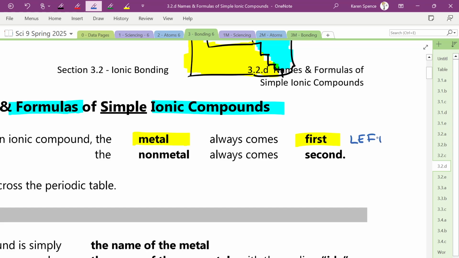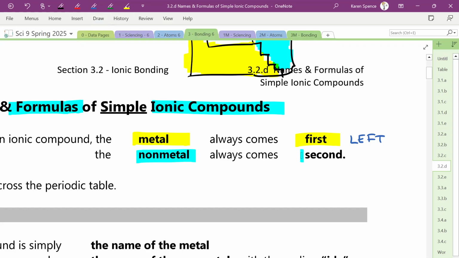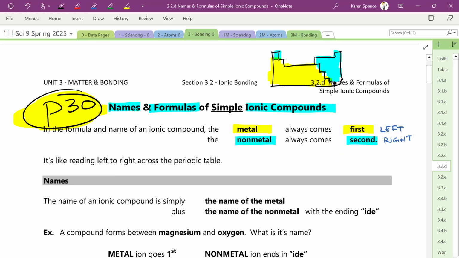This is page 30, if you're not there yet. And the nonmetal always comes second, and it goes on the right, just like on the periodic table.